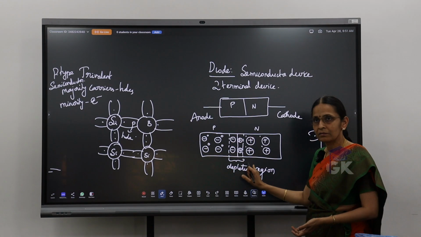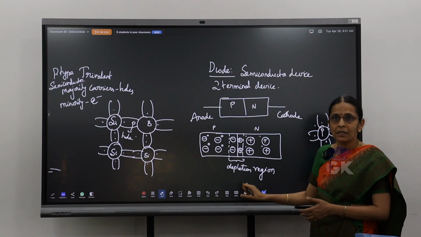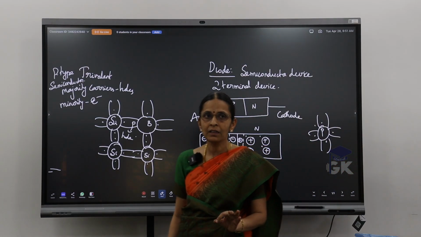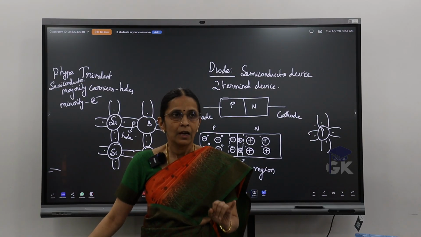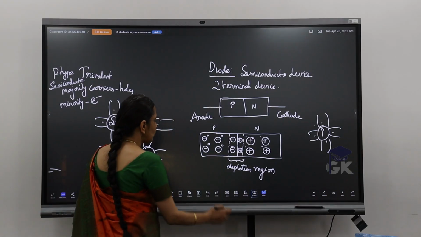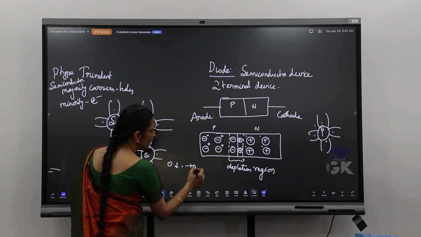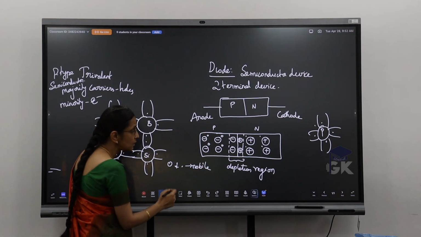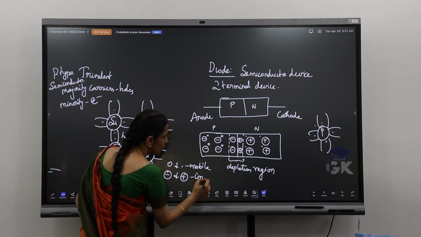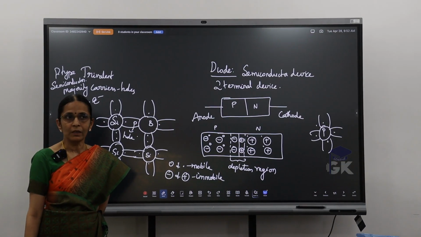So this region where you have only these ions present is called the depletion region. The depletion region will not contain the electrons or the holes. It will contain only the immobile ions. My electron and hole are mobile particles, whereas my ions, positive and negative, are immobile by nature.